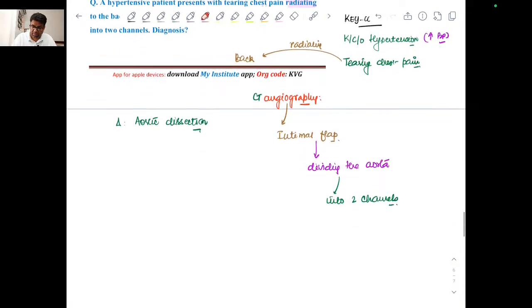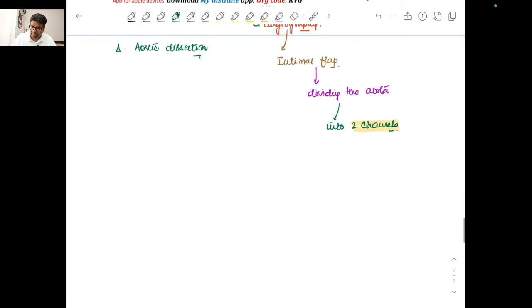Now what is shown on CT angiography? There are two channels. Normally there should be one channel, but now there are two channels. So this is known as the double lumen sign. So now there are two lumens or two channels.